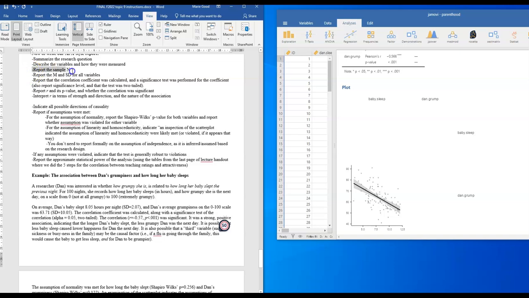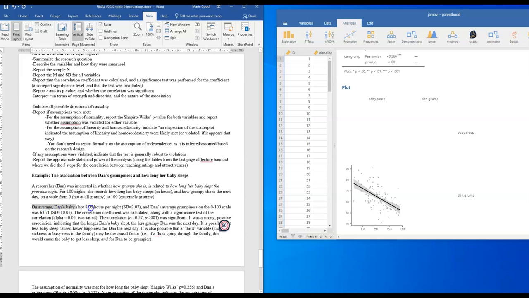And so the sample n is a little bit different in here because we don't have 100 different people, we have 100 different nights, right? So for 100 nights, that's how we're reporting n. Reporting the mean and standard deviation for all variables, right? And you always want to put it in terms of what the mean means. So we've been doing this throughout the semester. On average, Dan's baby slept 8.05 hours per night with a standard deviation of 2.07.